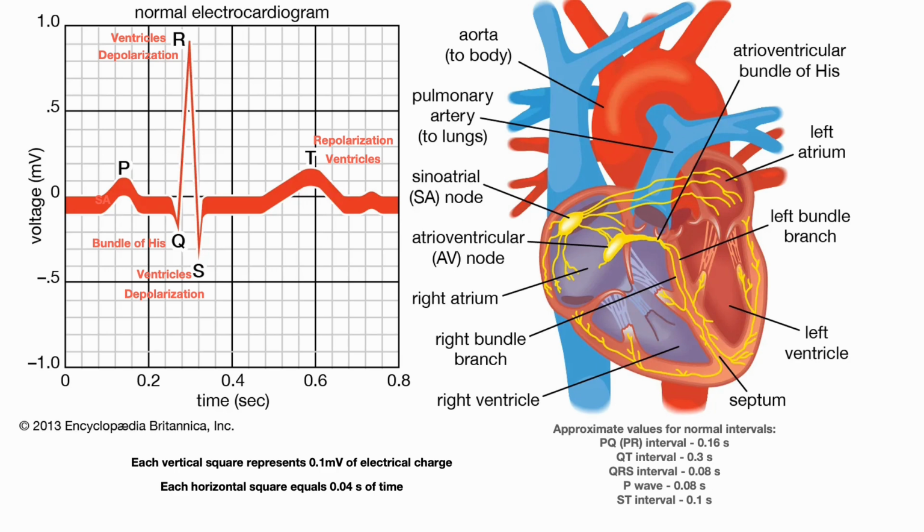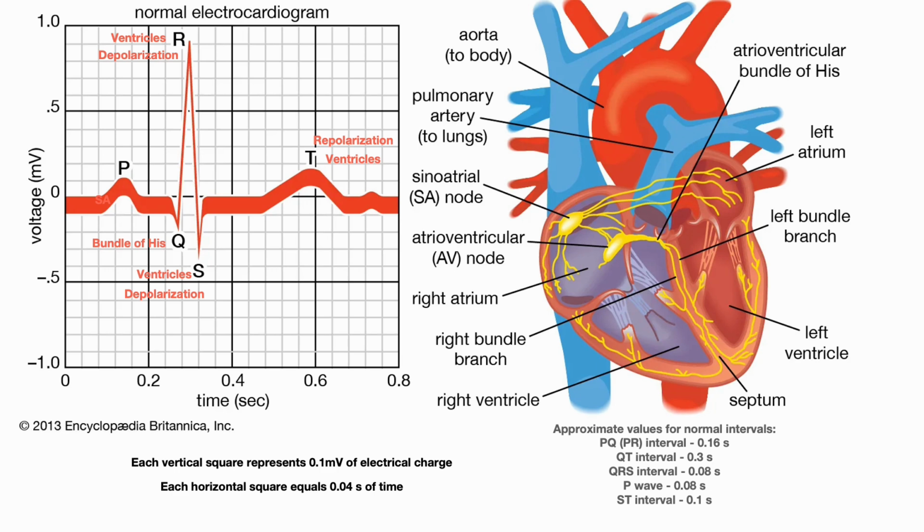A longer than normal P wave suggests that the atria are hypertrophied and it is taking longer than usual for the electrical conduction to spread over the atria. A lengthened PR interval suggests that there is difficulty in coordination between the SA and AV nodes, like what is seen in first-degree heart block.